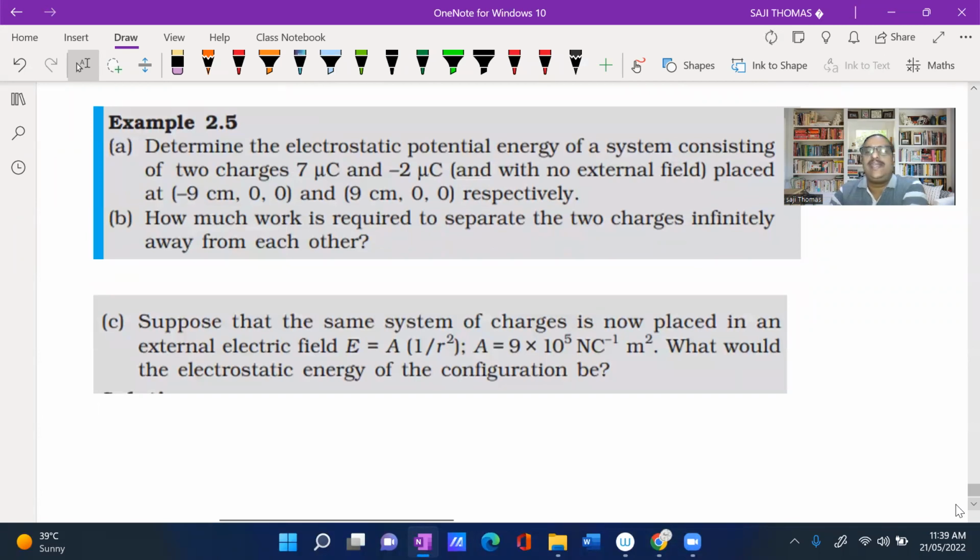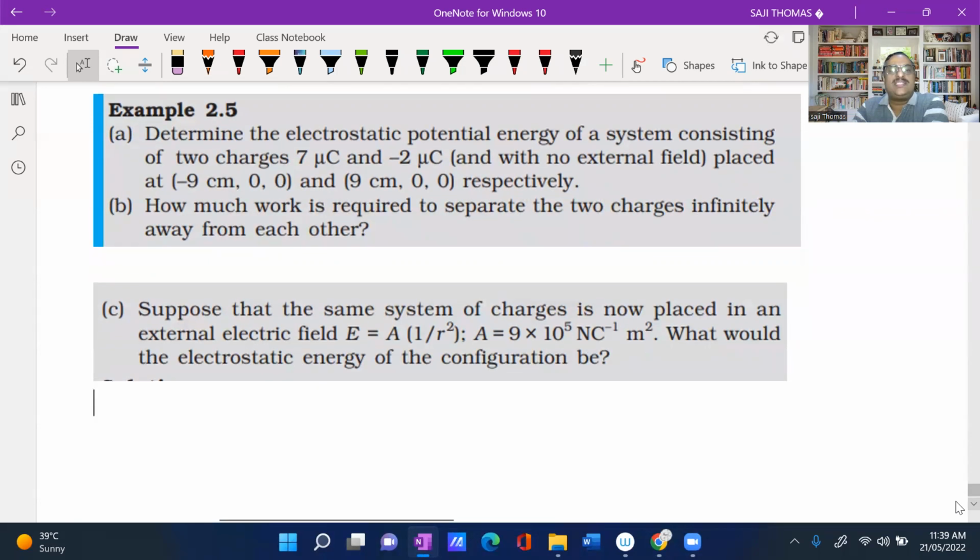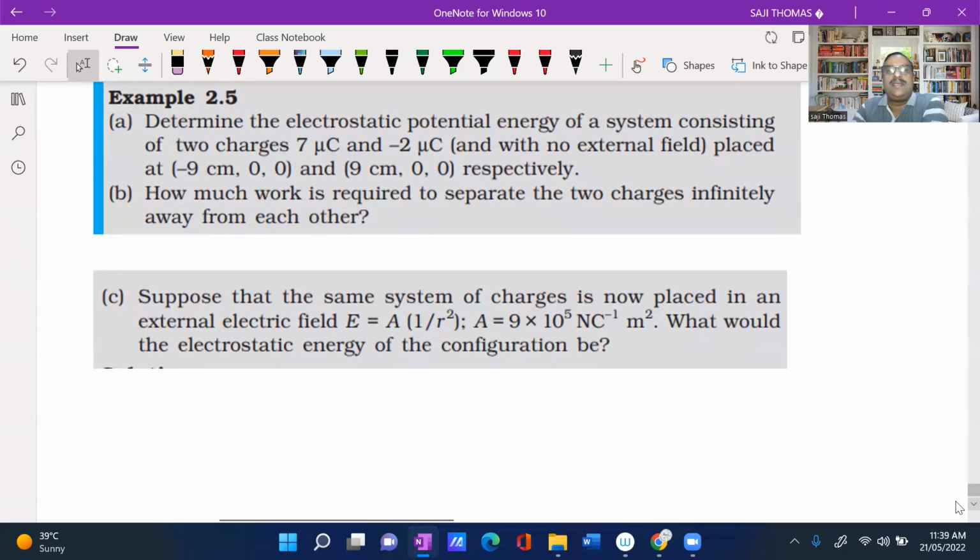So read the question A. Determine the electrostatic potential energy of a system consisting of 2-point charges 7 microcoulomb and -2 microcoulomb with no external field, placed at -9 centimeter, 0, 0 and 9 centimeter, 0, 0 respectively.